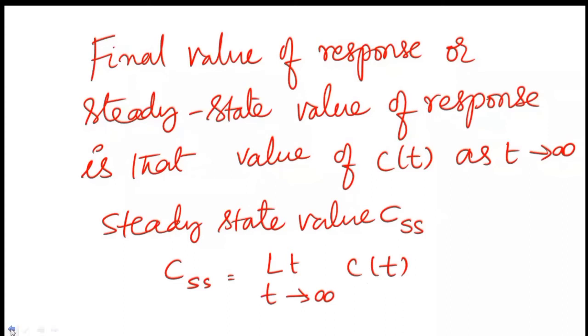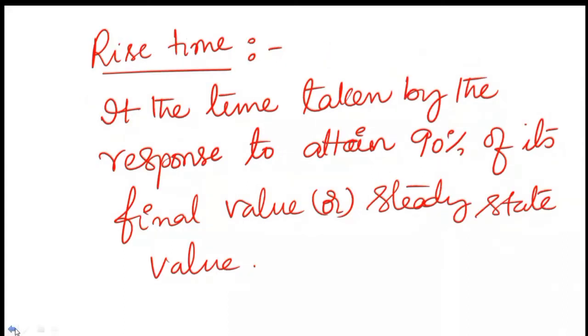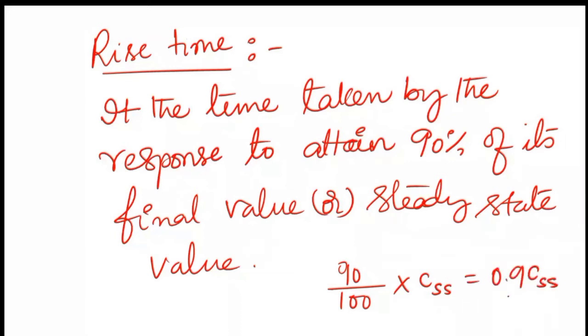Here, coming to the rise time, the definition is the time taken by the response to attain 90%, that is 90 by 100 into c_ss, equal to 0.9 c_ss. The time taken by the response to attain this value is known as the rise time.